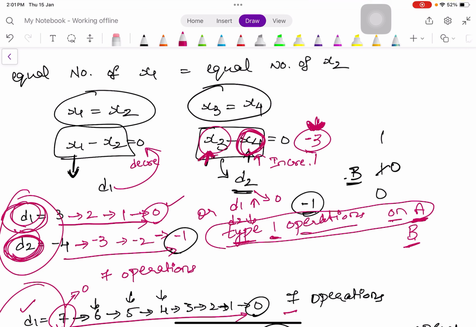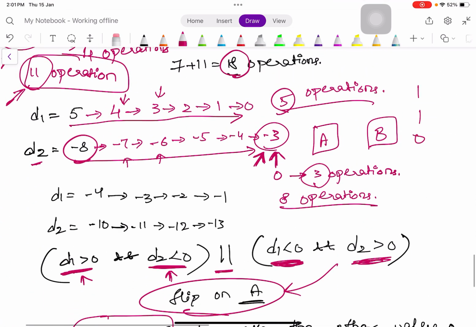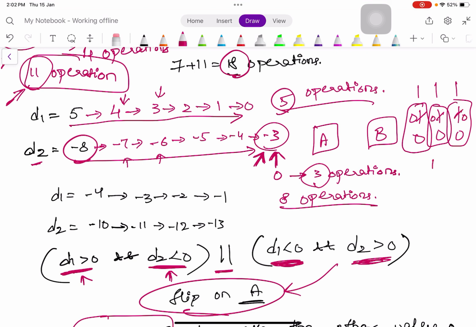That is the reason it is minus 3 over here. What is x4 configuration? It's 110. So here we have 110, 110, 110, which are extra, right? Now to make B and C string equal, the only option possible is convert this 1 into 0, convert this 1 into 0, convert this 1 into 0. For that, we need type 1 operation on string B. That's why we need 3 operations over here. Okay. So total 5 plus 3, 8 is the answer.